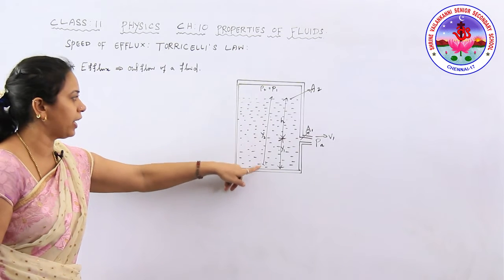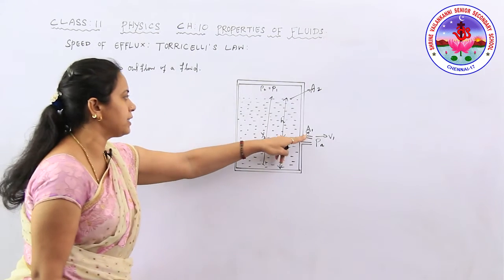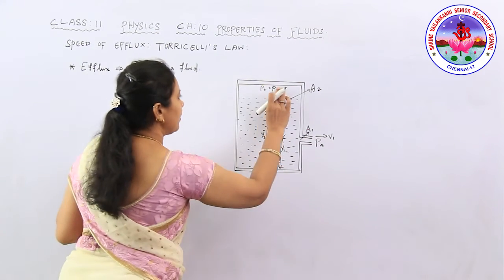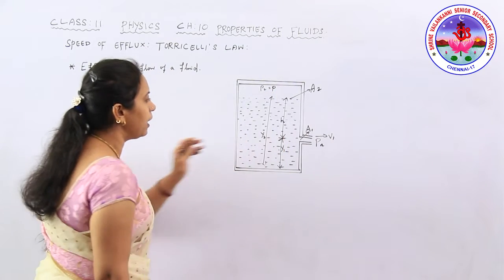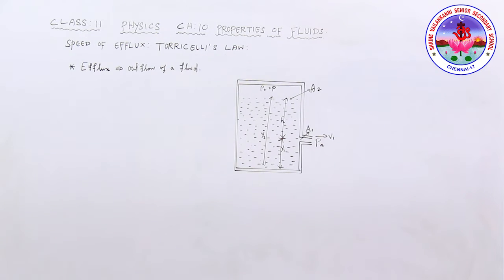This y2 we have taken from the bottom to the top, right? And we have taken the pressure P, air pressure, above the liquid. If A1 and A2 are the cross sectional areas, we have taken two cross sectional areas, that is A1 and A2, which are the cross sectional areas of the liquid.